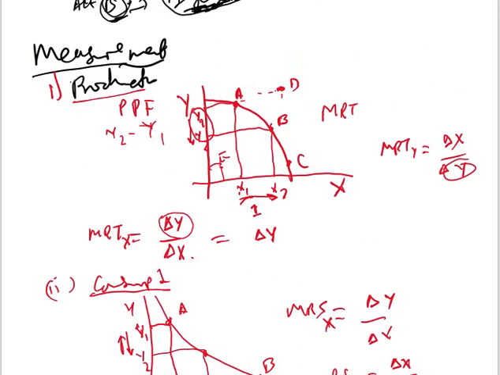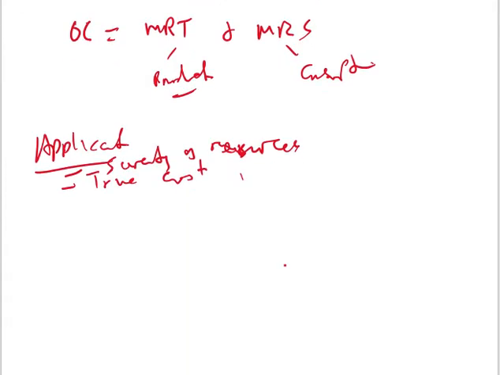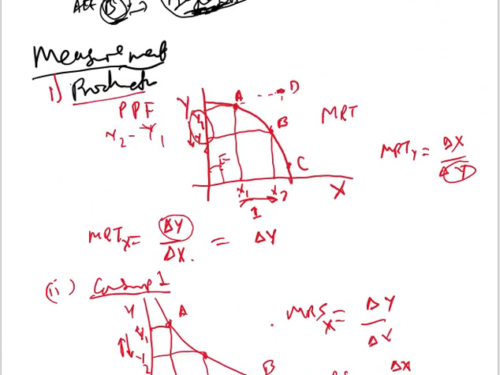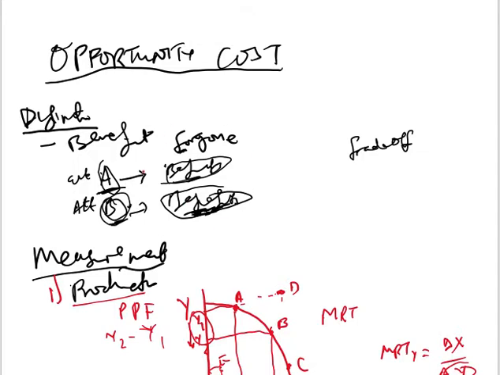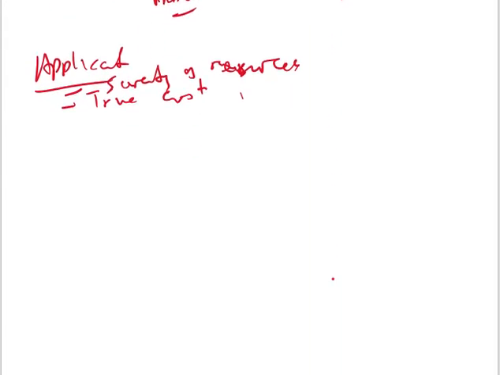This producer would have produced unlimited Y and unlimited X. Even this consumer could consume more of Y and more of X because resources are abundant. But because they are scarce, that's when we face these trade-offs. We forgo benefits by taking alternatives because resources are scarce. So it is the true cost for that reason.